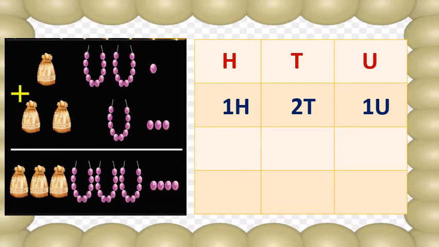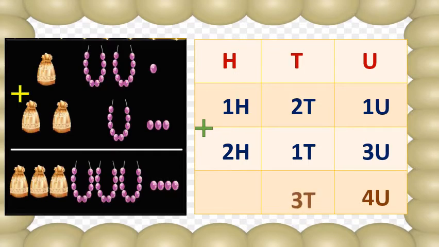In the second row, we have 200, 1 ten and 3 unit. Now dear students, we will add this. Okay. Now in hundreds place, in tens place and in units place, what number will come, we'll see. And remember children, always we start addition from the unit place. Okay. See here, 3 plus 1 is 4 unit. In the tens place, 2 plus 1 is 3 tens. And in hundreds place, 100 plus 200 is equal to 300. Got this?